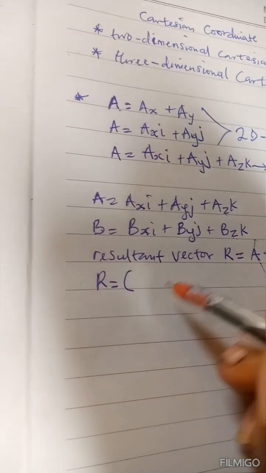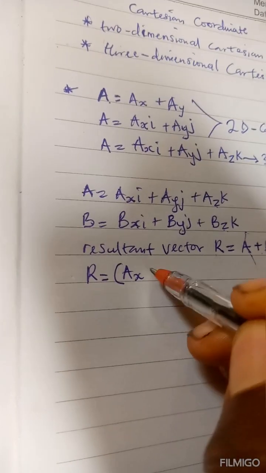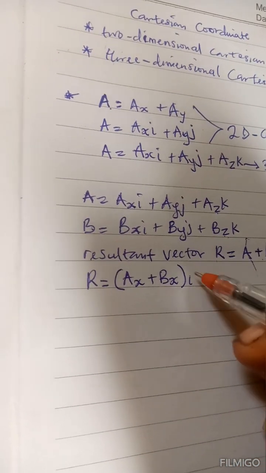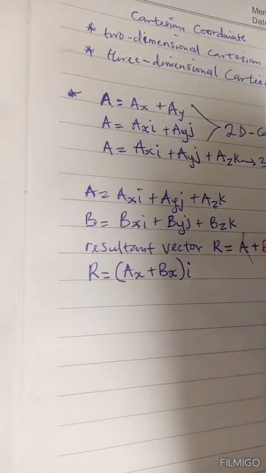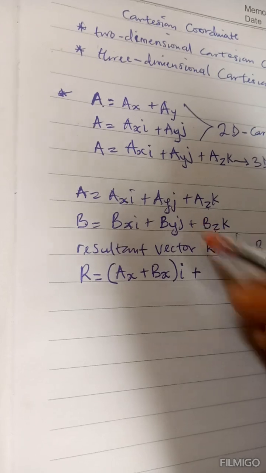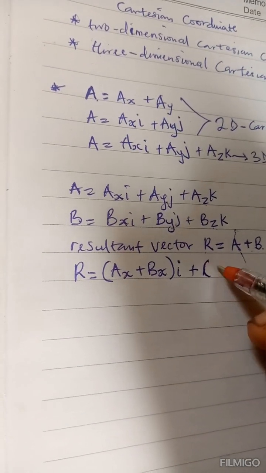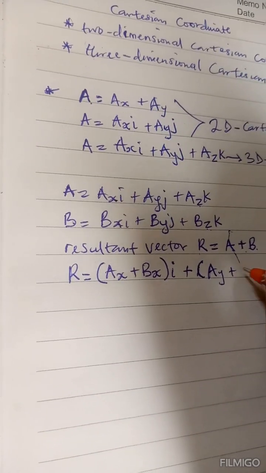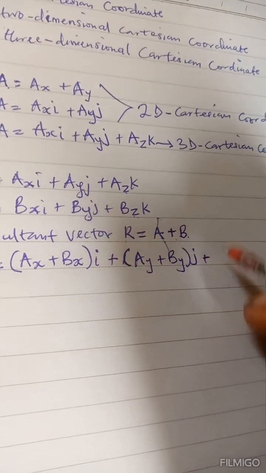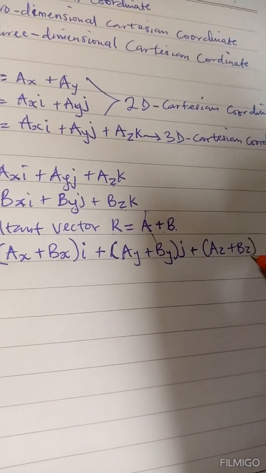So I'll have AX plus BX, then my i, so I'm factorizing the i. Then plus AY plus BY j, and then plus AZ plus BZ k.